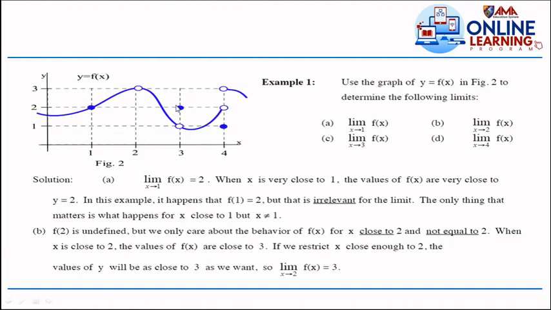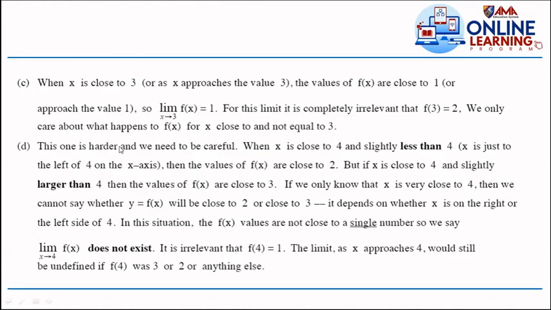Okay? Next, you have letter D. This one is harder and we need to be careful. When x is close to 4 and slightly less than 4, x is just to the left of 4 on the x-axis. Okay? Then the values of the function of x are close to 2. But if x is close to 4 and slightly larger than 4, then the values of the function of x are close to 3.